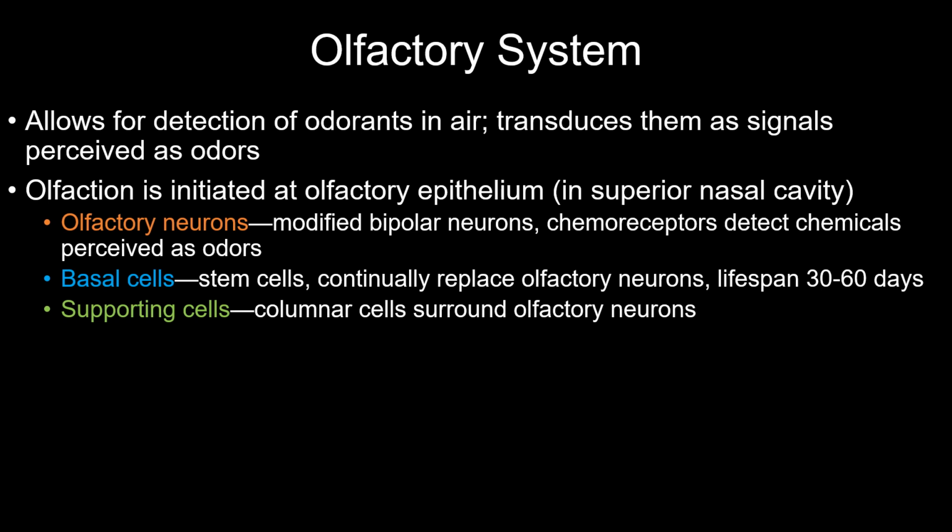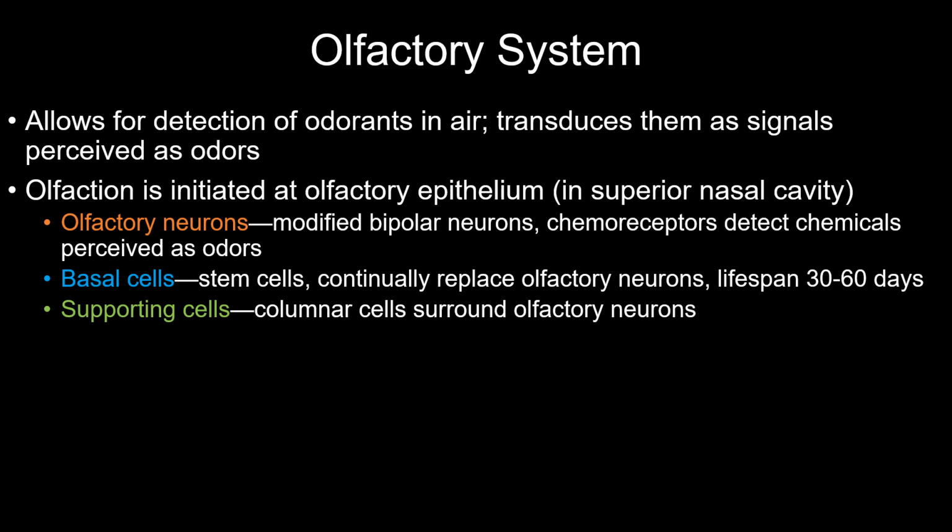Collectively, these axons form the olfactory nerve, cranial nerve number 1. And they terminate by synapsing on other neurons called mitral cells in the olfactory bulb. This olfactory bulb is a structure located in the brain just superior to the ethmoid bone and inferior to the frontal lobe of the brain.